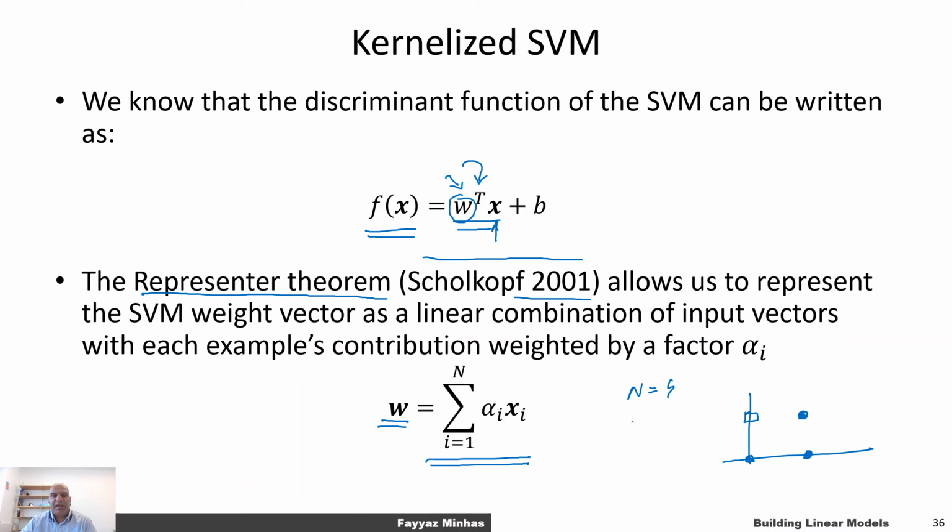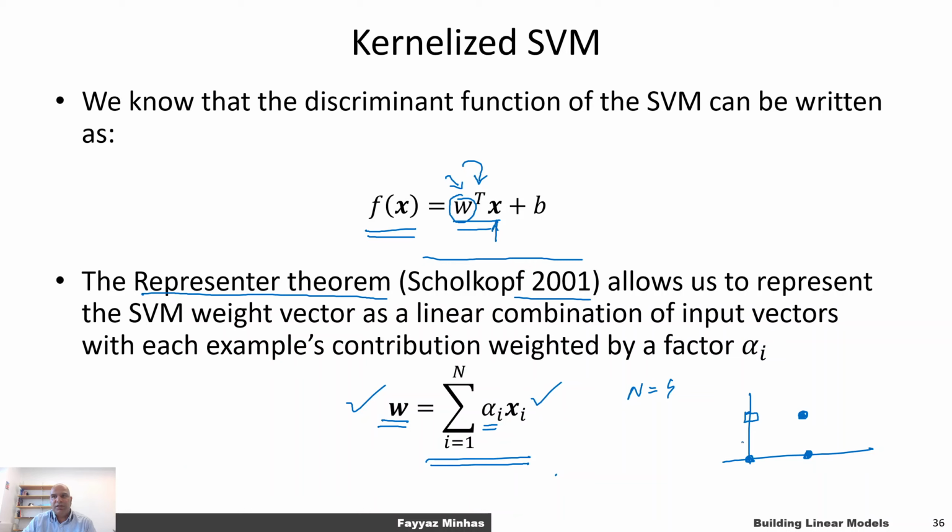Then the weight vector of any support vector machine that we obtain after optimization can be expressed as a linear combination of the feature vectors of these examples. And that's easy to understand because W has the same dimensionality as X. So this weight vector can be expressed as a linear combination of these 4 vectors. These alphas that you see over here control how much contribution each example has on the output W.